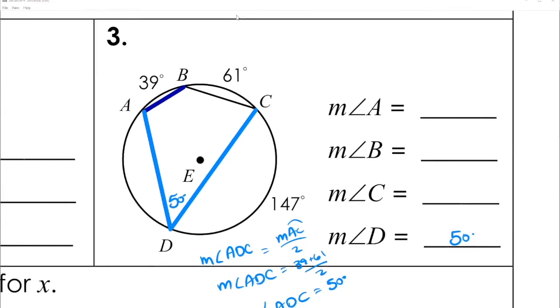Now we're going to go ahead and find angle A, BAD. It's a bad mamma jamma. We can find B based on D, correct? That will be a supplementary relationship, but we still need to find A or C. We have to do one or the other. And I'm going to go with A because I don't want to have to find the measure of this arc. Because if I went with C, that's what I'd have to do first.